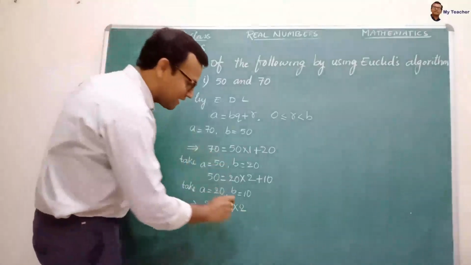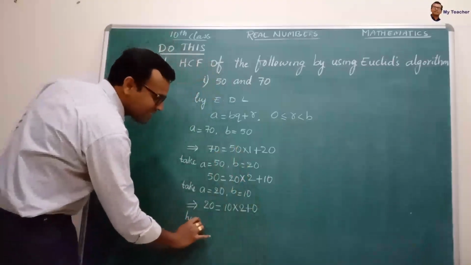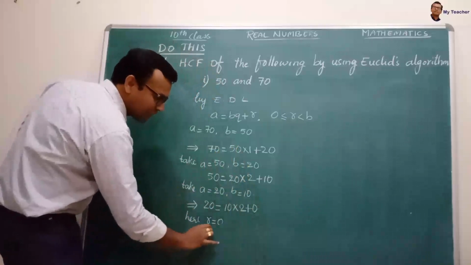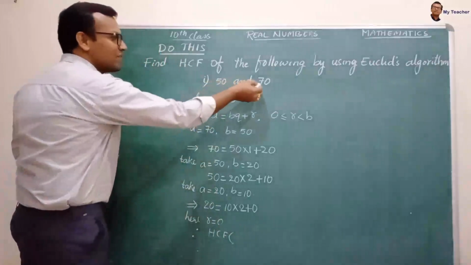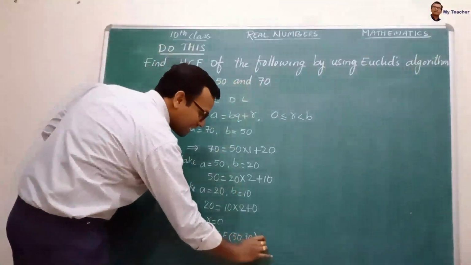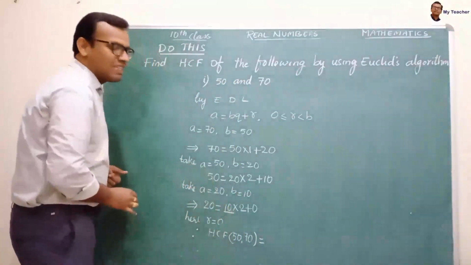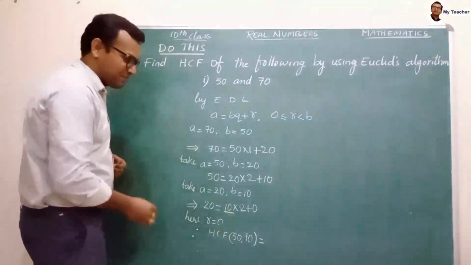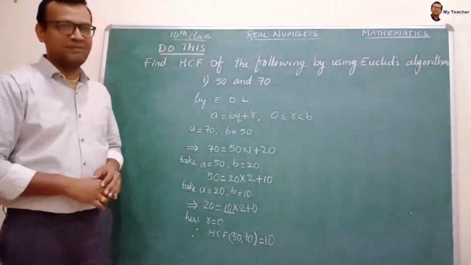Yes, the remainder is 0. Here remainder R is 0. Therefore we found the HCF of the given numbers 50 and 70. The divisor that we got in the last step is the HCF. So 10 is the HCF.